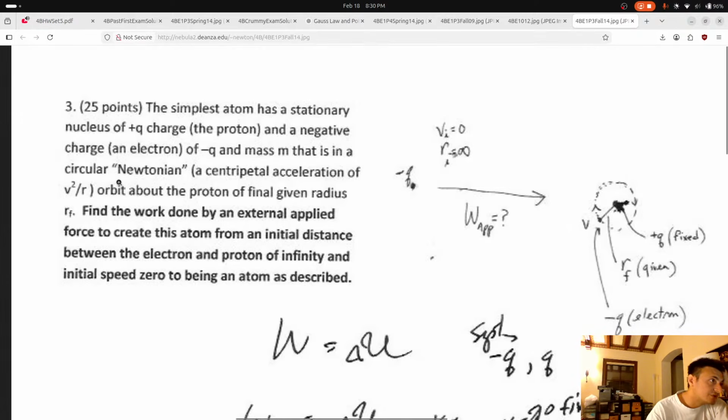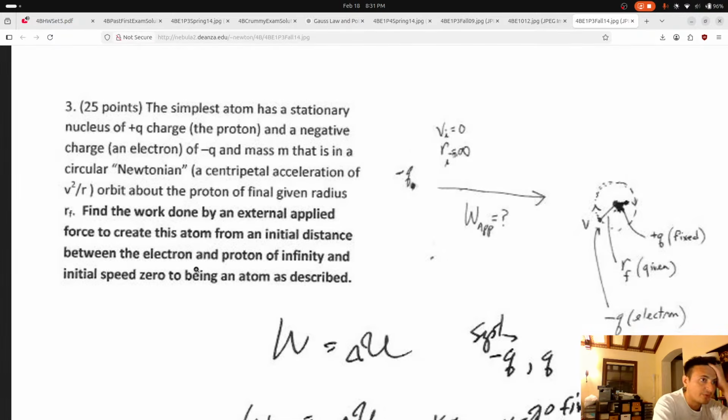It is in a circular Newtonian orbit about the proton of final given radius RF. Find the work done by an external applied force to create this atom. Ooh, bro, this is gonna hit me. This one's hard. Find the work done by an external applied force to create this atom from an initial distance between the electron and proton of infinity and initial speed 0.